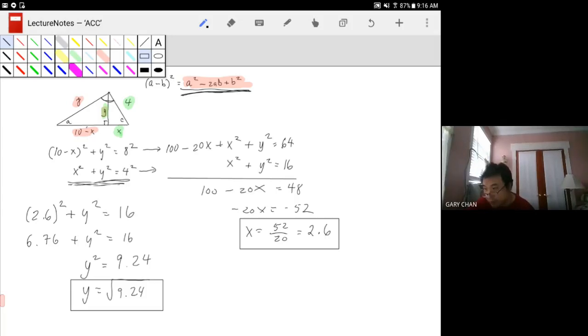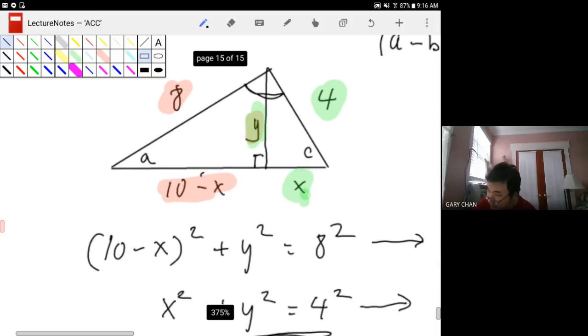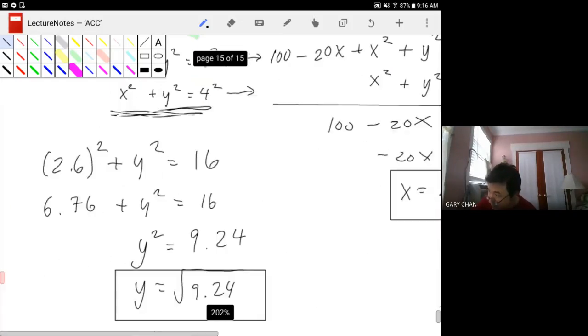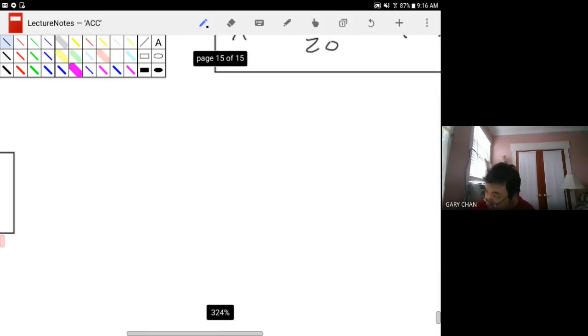We still need to figure out what the original unknowns were for this problem, and the unknowns were the angles of the triangle. So how can I use the information now to figure out what A is? We've done all this work now. I'm going to redraw the diagram with all the things that we figured out.